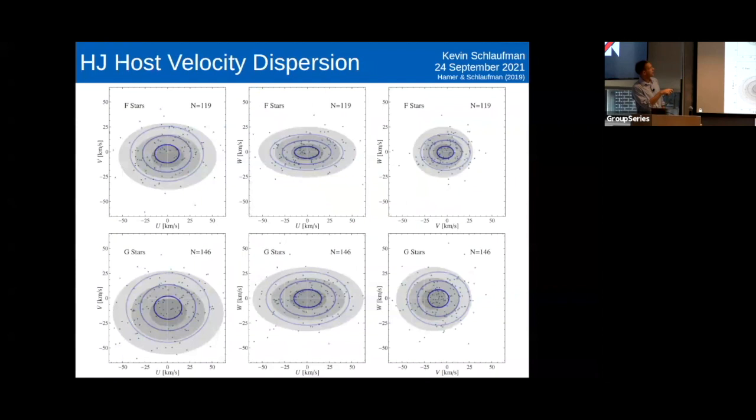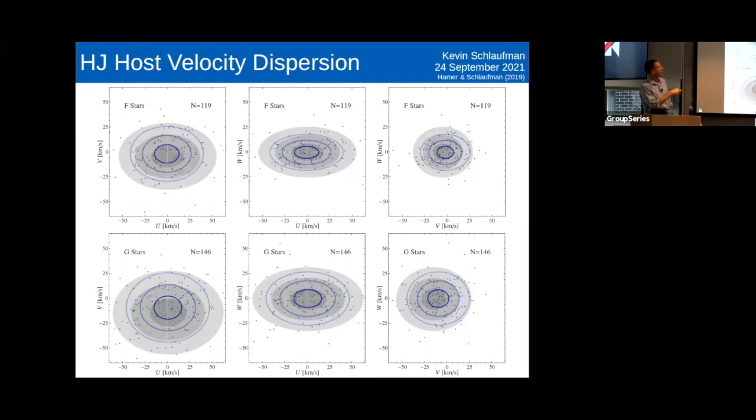So this is the U, V, and W plane, which are the three ways that velocities in the Milky Way are typically parametrized. The blue ellipses in the background are the velocity dispersion of the matched control sample. The individual points are the velocities of the planet host stars themselves, and the red ellipses are the velocity dispersion of the giant planet host sample.